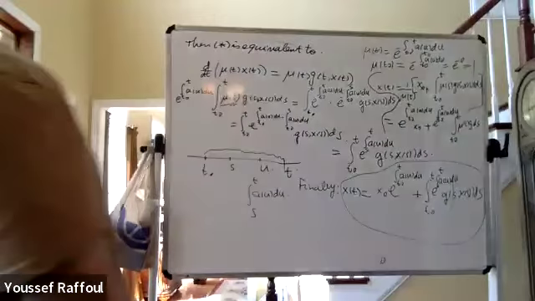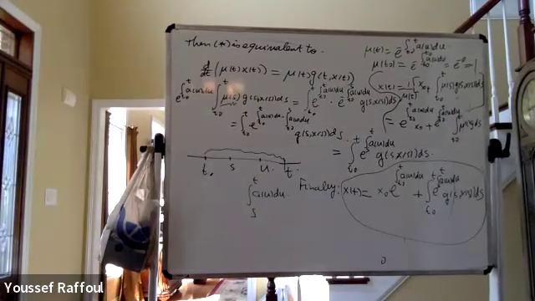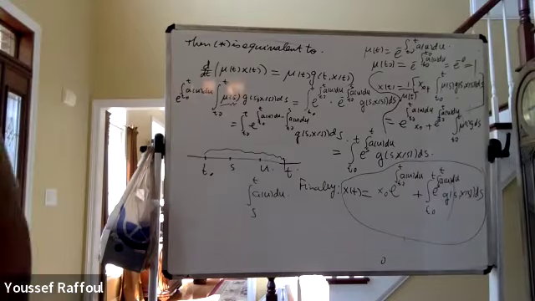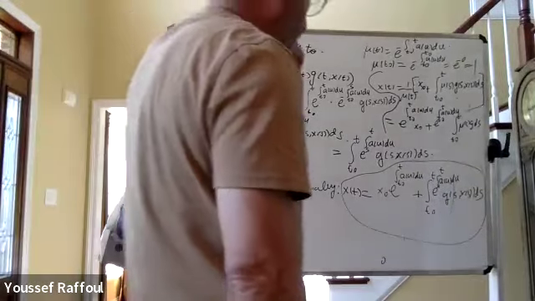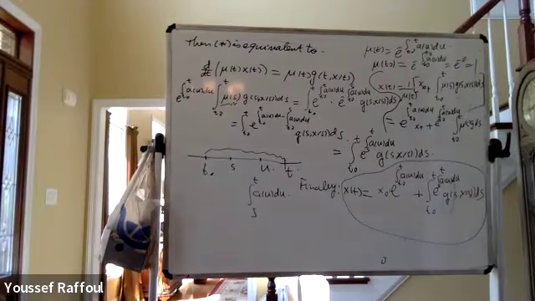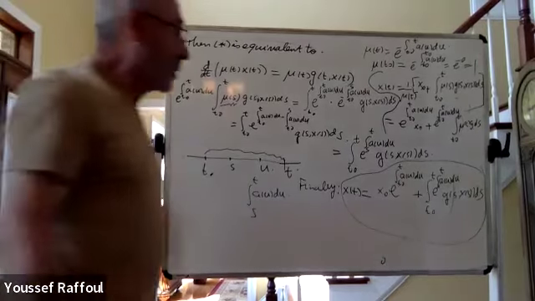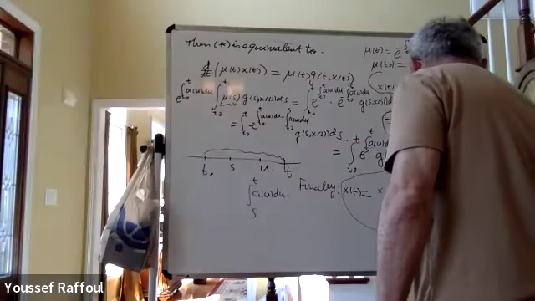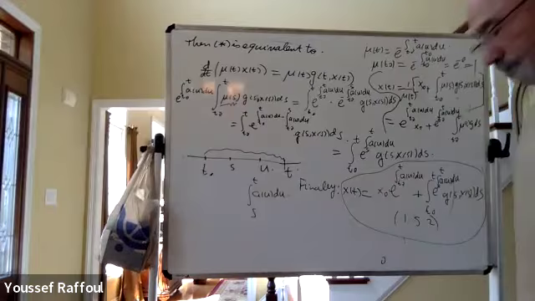Okay? All right? And the name of this formula, let's see, the final formula is 1.5.2. Okay?